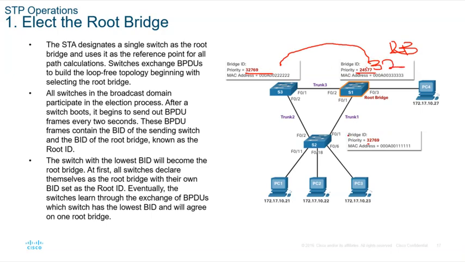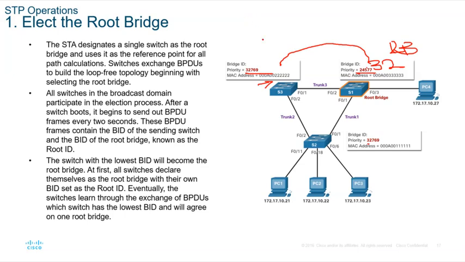Now we have to go to the MAC address. Look at the MAC address. When you compare, you start from the left going to the right side, and compare one by one.